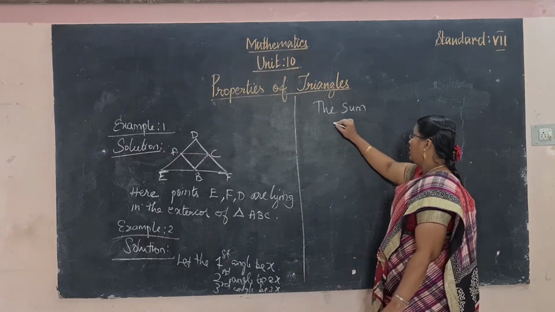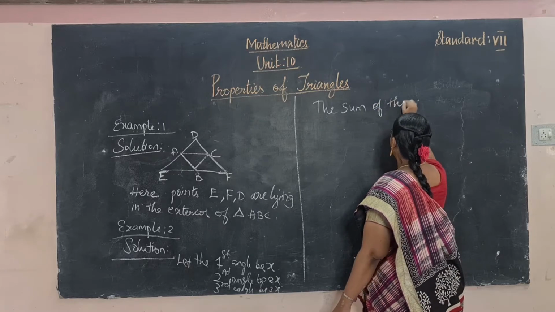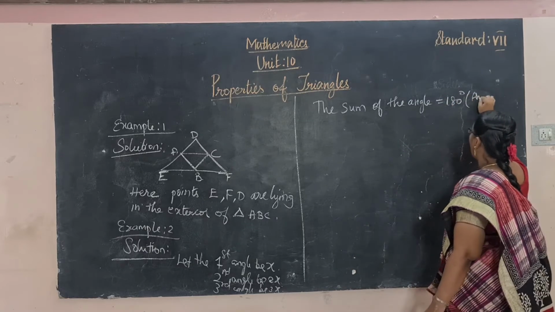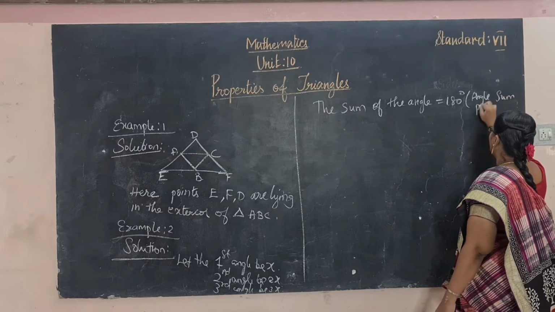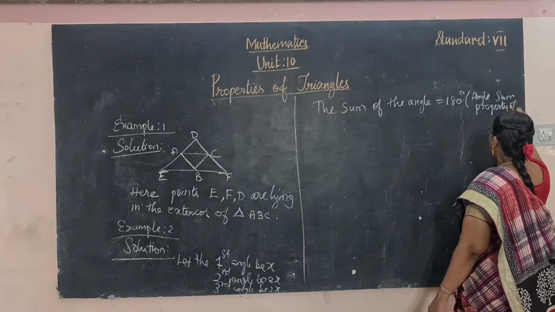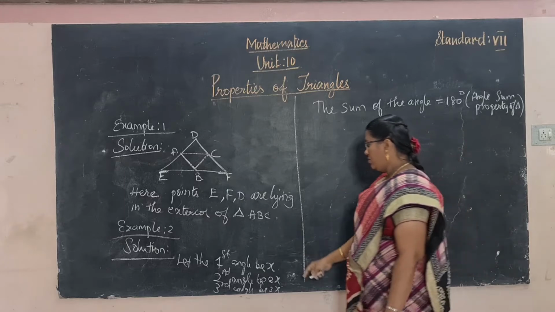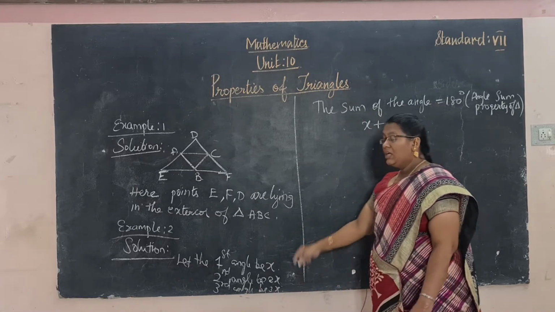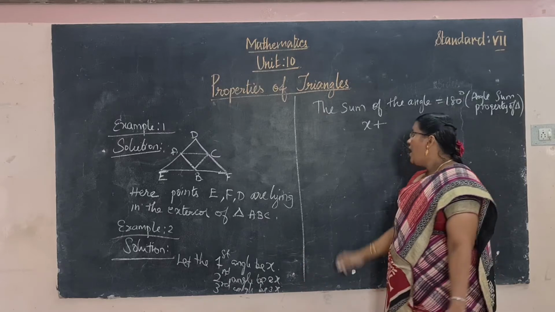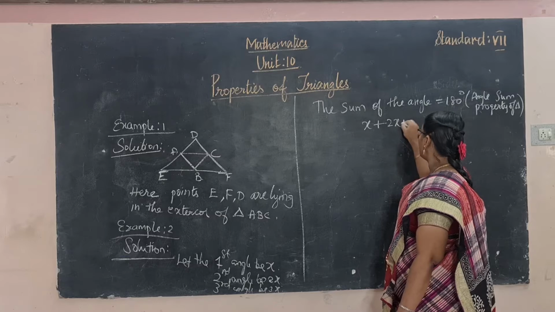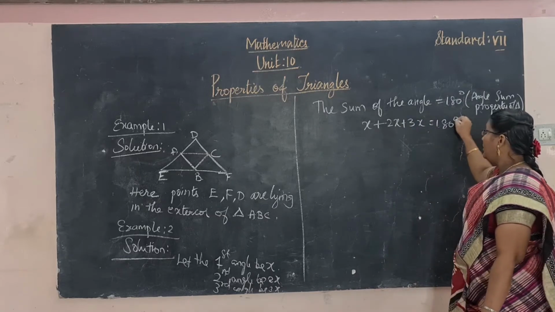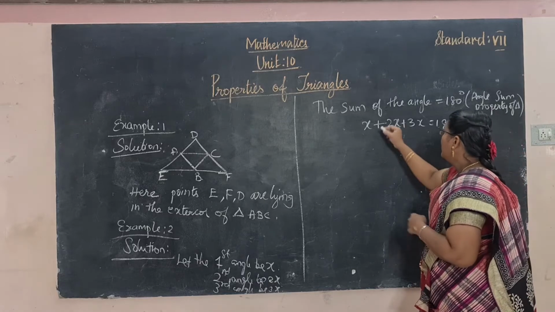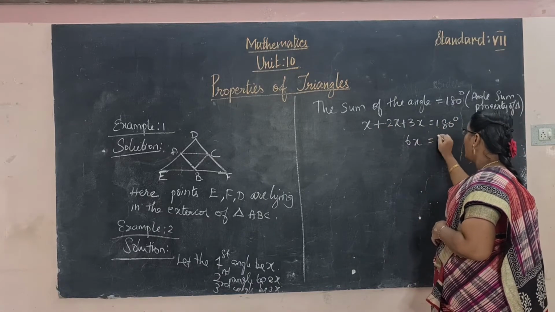We know only the ratio, so add these three angles: x plus 2x plus 3x equals 180 degrees. Adding the like variables, 1 plus 2 plus 3 is 6, so 6x equals 180 degrees.